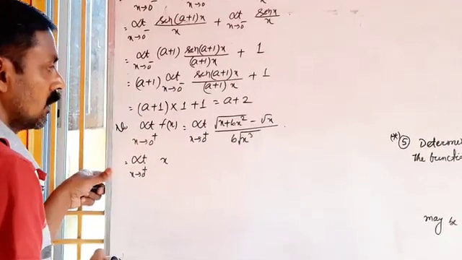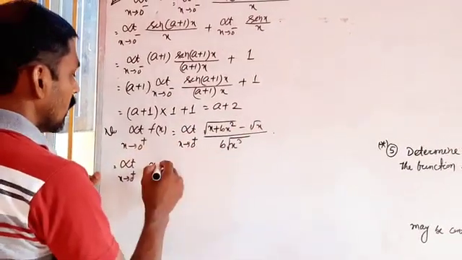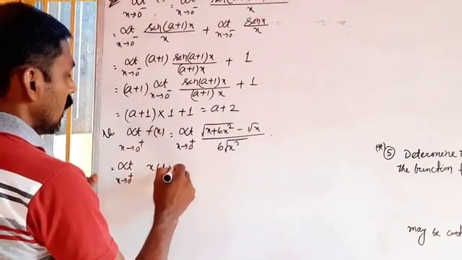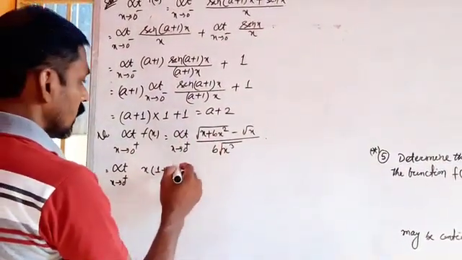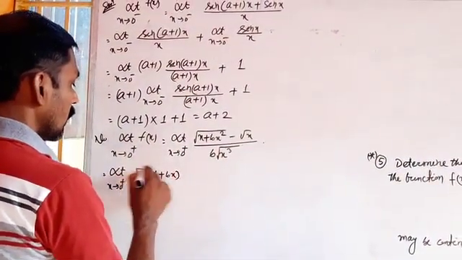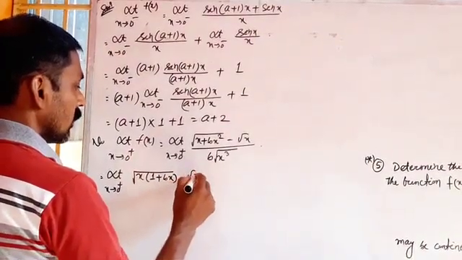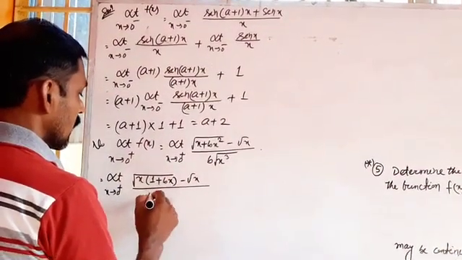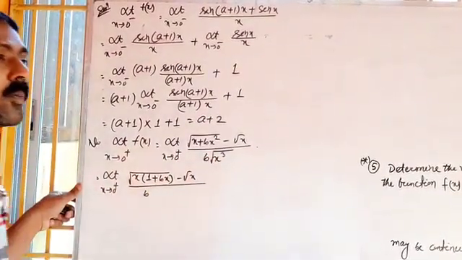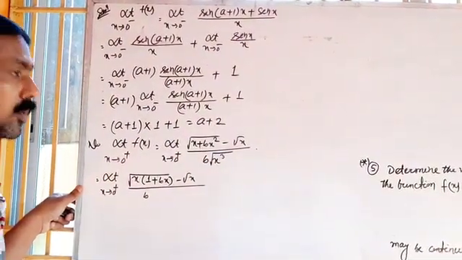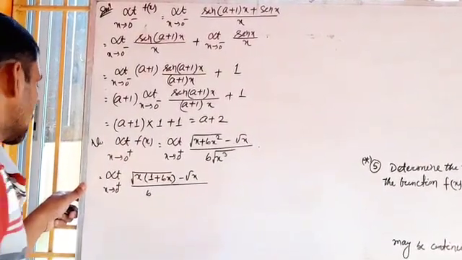If you take x common here, it will be 1 plus bx, whole root of, minus root x by b into, here it is x cube whole root, means x to the power 3 by 2.